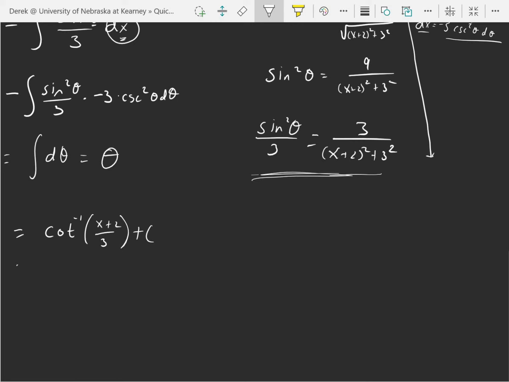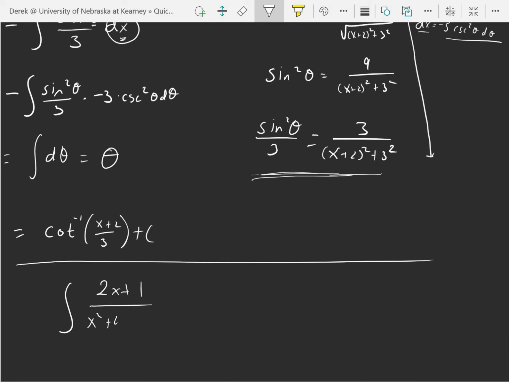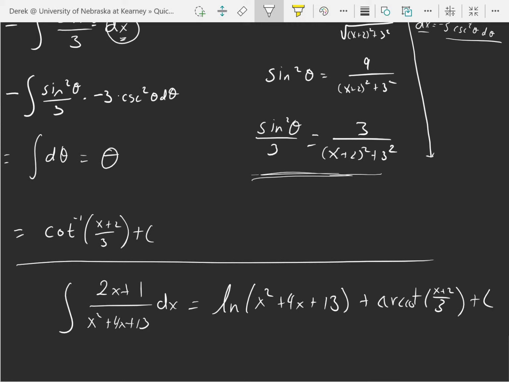So together I get the integral of 2x plus 1 over x squared plus 4x plus 13 dx is equal to the natural log of x squared plus 4x plus 13 plus the arc cotangent, or the cotangent inverse, however you want to say it, or however your book does it, like this, and then a constant.